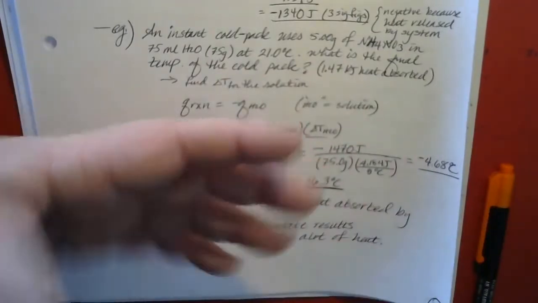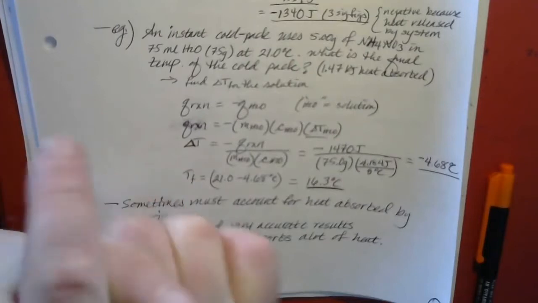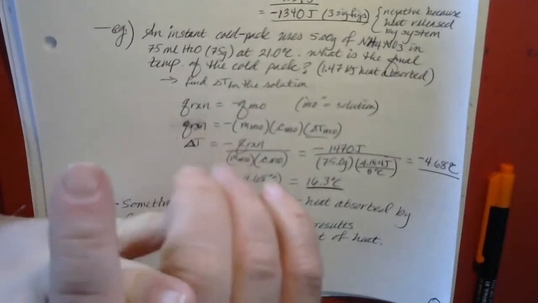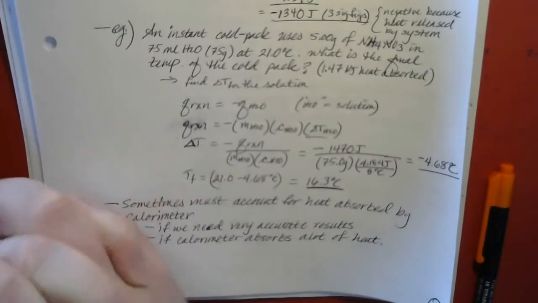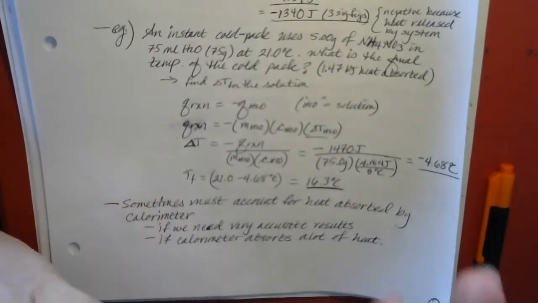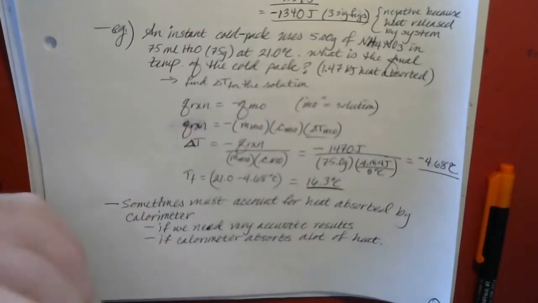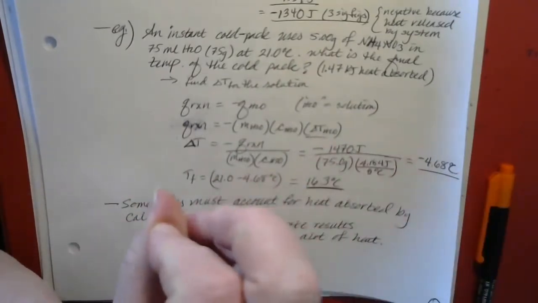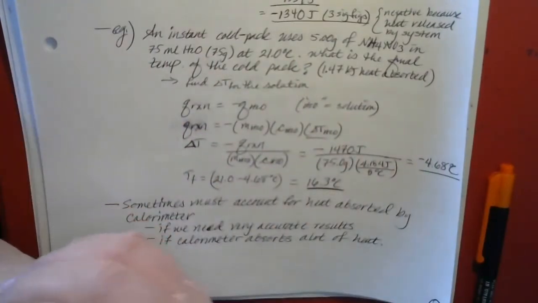And when you twist it or smash it or whatever you have to do, that basically breaks the inner bag and allows the ammonium nitrate to mix with the water. And you get a very concentrated solution of ammonium nitrate. As it happens, adding ammonium nitrate to water is an endothermic process. It takes in more heat from the outside than it releases once the solution is formed.